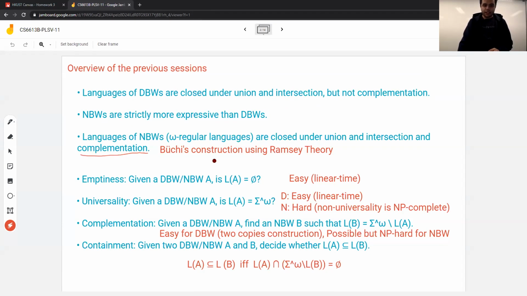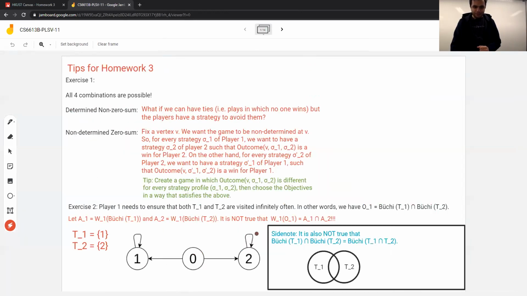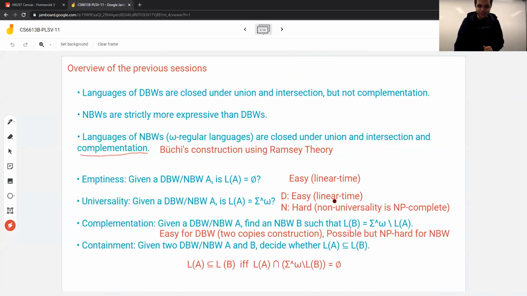And the thing that actually took most of the previous session was Büchi's construction for complementation. We showed that languages of non-deterministic Büchi automata, or omega regular languages, are closed under complementation as well as union and intersection. Well, actually, we haven't seen intersection yet because, again, intersection is this example. But you will all solve it, hopefully, now.